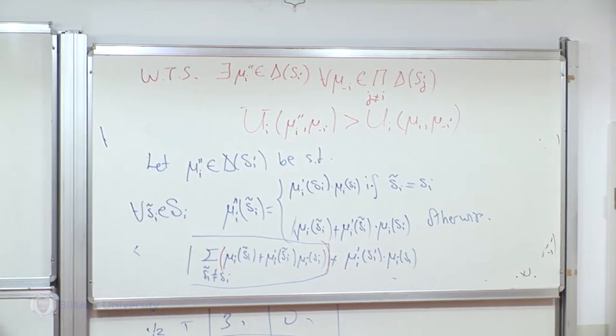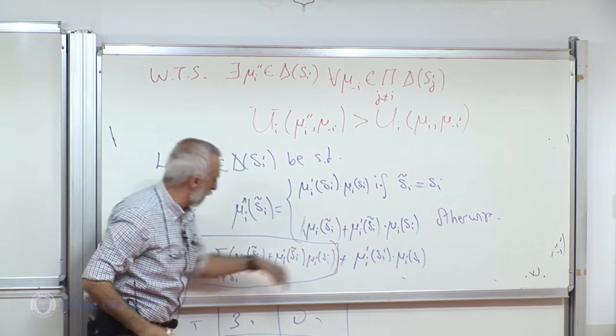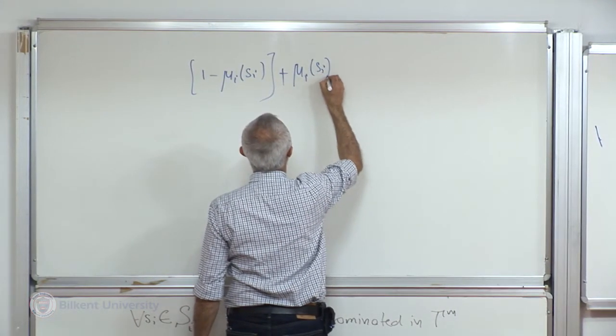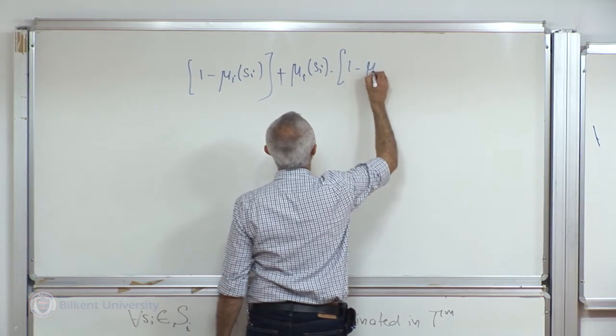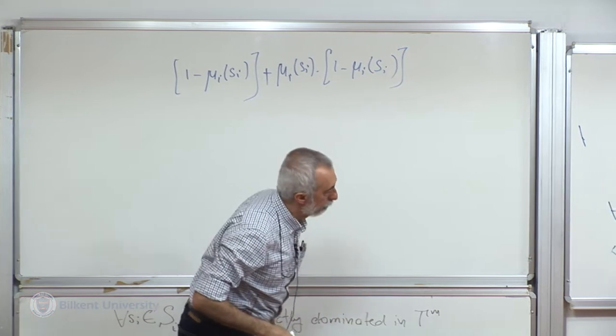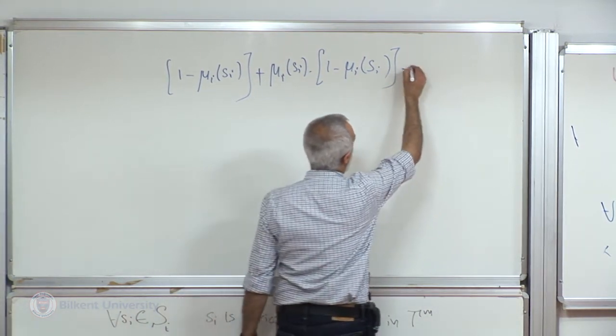So this part will be equal to this, plus we have this part that's a constant, take it out, mu i si times 1 minus mu i si. Okay, so far so good. Plus this term.